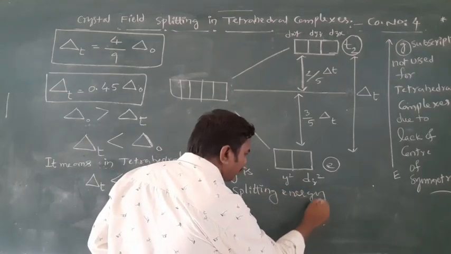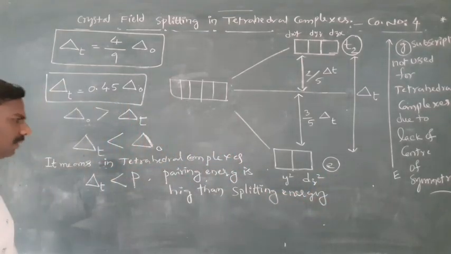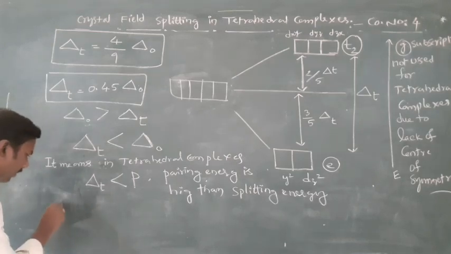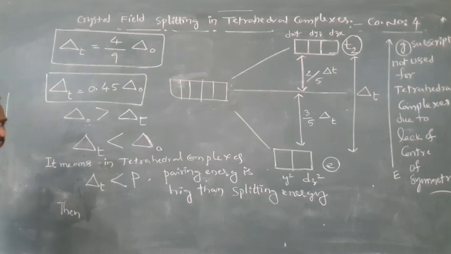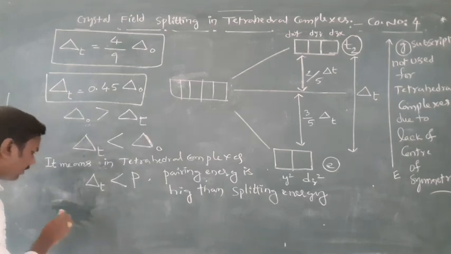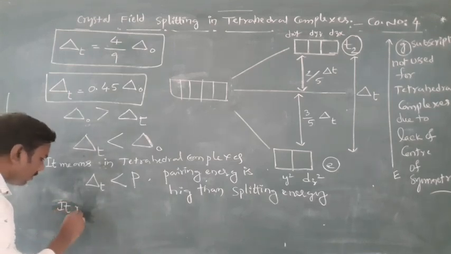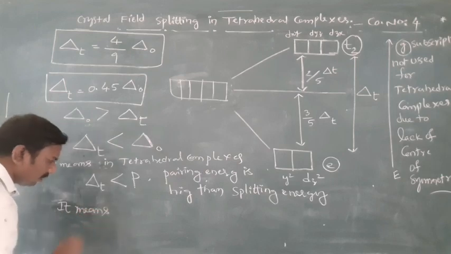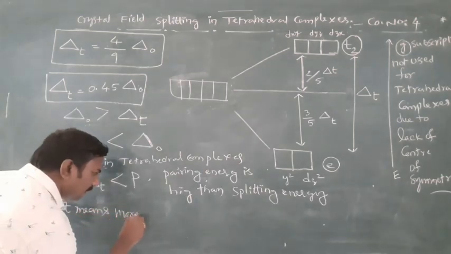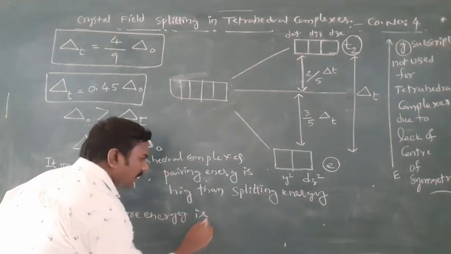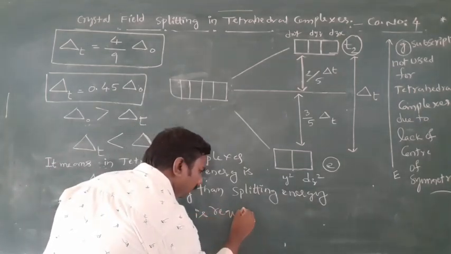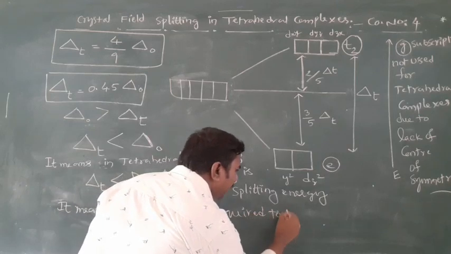Then it means more energy is required to pair electrons.